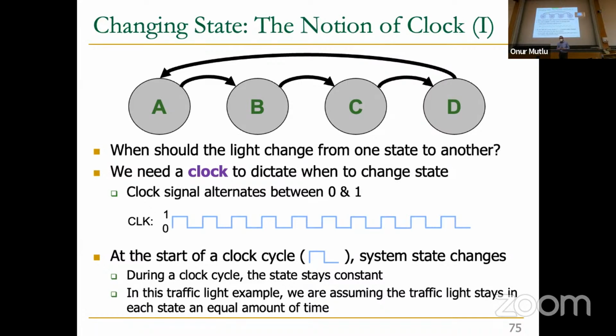And actually, if you really want to make this different, okay, maybe I'm getting ahead of myself, but for example, if you want to stay in state A 20 seconds, and state B 5 seconds, state C, I don't know, 5 seconds, and state D another 20 seconds, you can have one state over here where it's green. In the next clock cycle, you go to another state so that you can stay 5 more seconds. In the next clock cycle, you go to another state, you can stay 5 more seconds. In the next cycle, you can go to another state, you stay 5 more seconds.